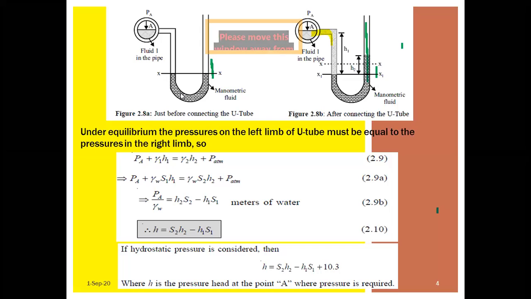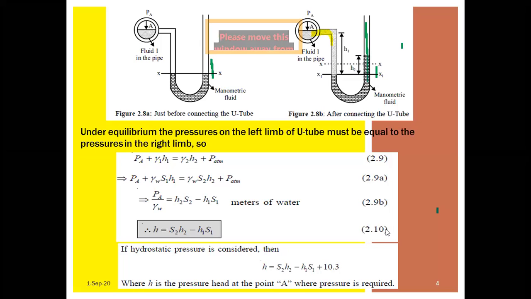Now see the given data. From the figure you have to take the data. In this question we don't have any data, but from the figure there is a general example problem. The values are given in the given data only. Now H1, the height, what is this one? The height of water in the U-tube in the left limb.